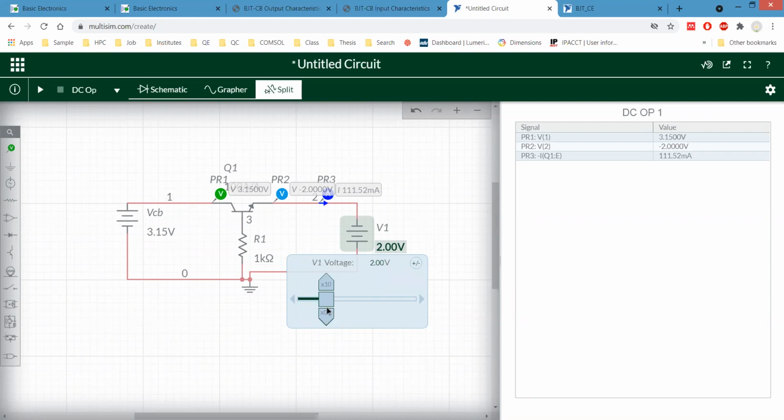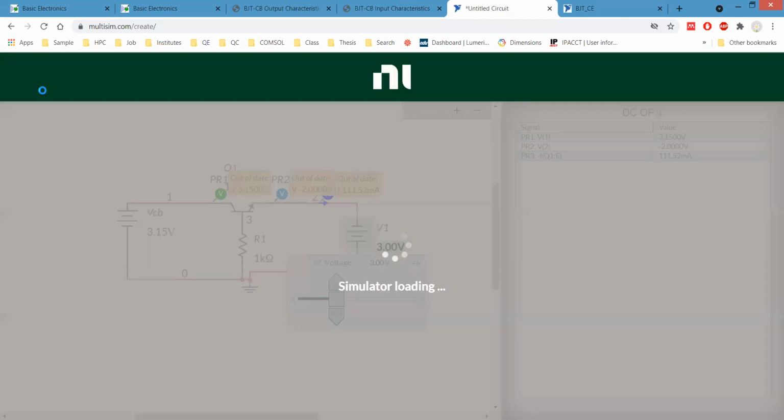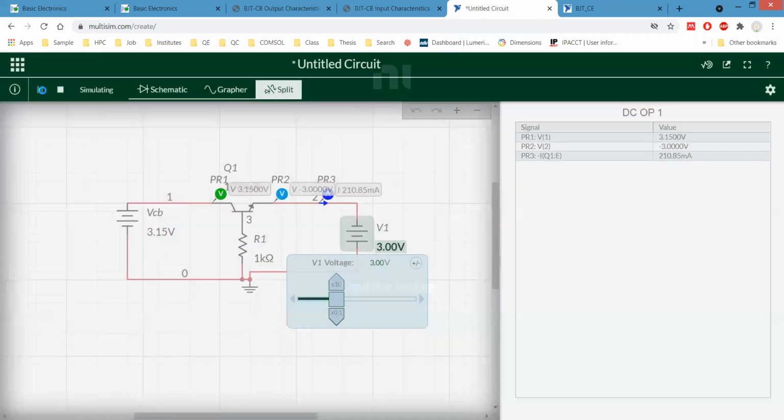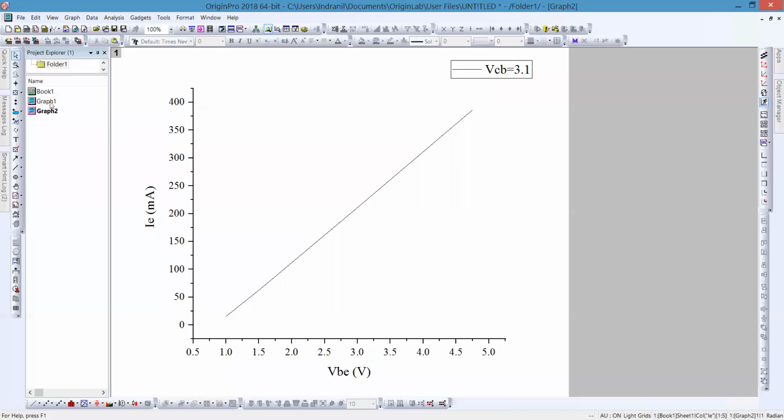Noted, sir. Then let's take another value, 3 volt. For 3 volt, it is 210.85 milliamps. Noted, sir.